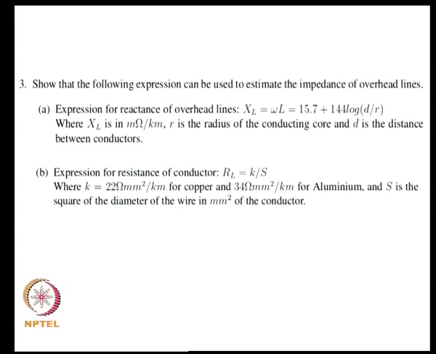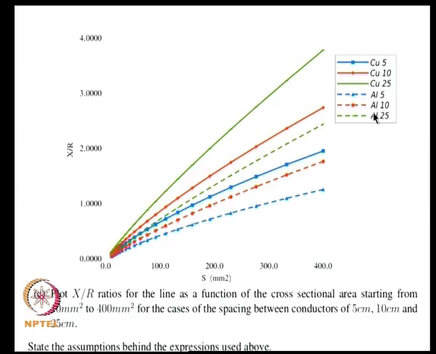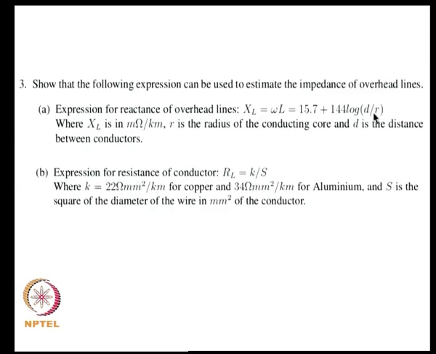So, in the last class we were working out an expression for the reactance and resistance of the line. We got an expression for the reactance, the expression that is shown over here, and the expression for the resistance of the line, which is determined by the properties of the conductor and cross sectional area.